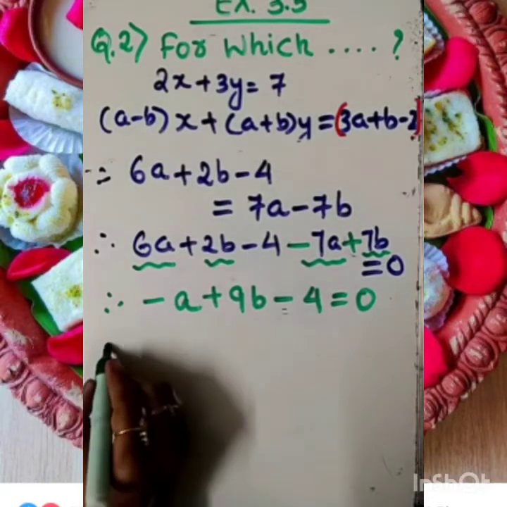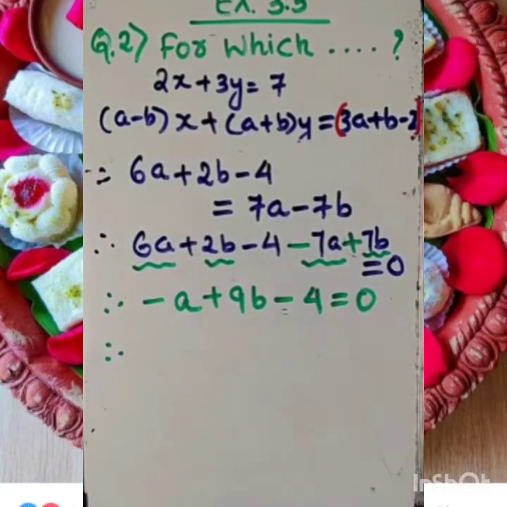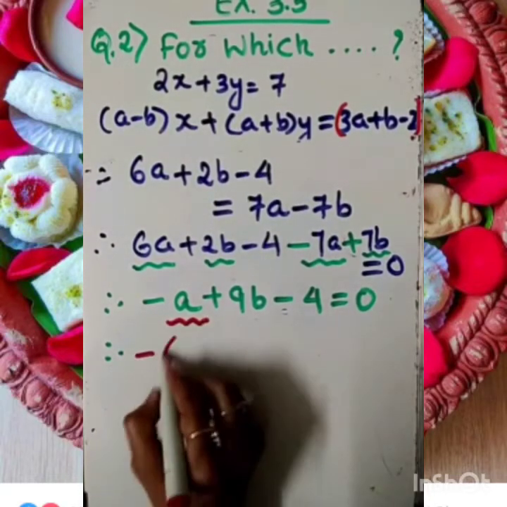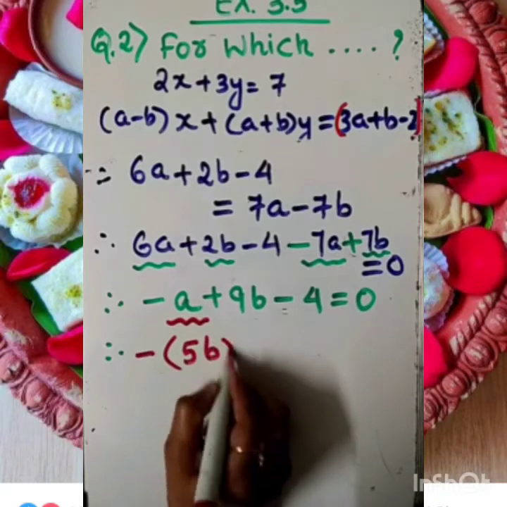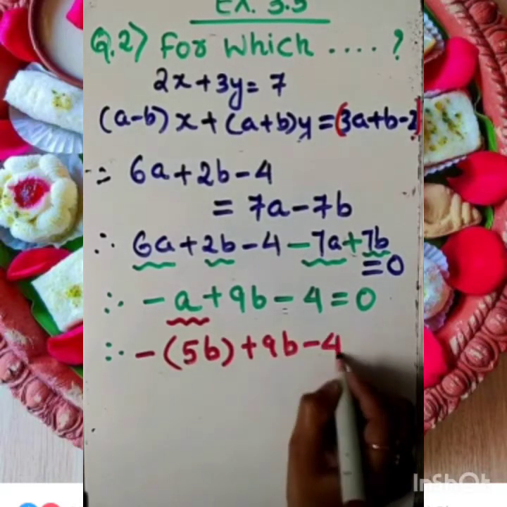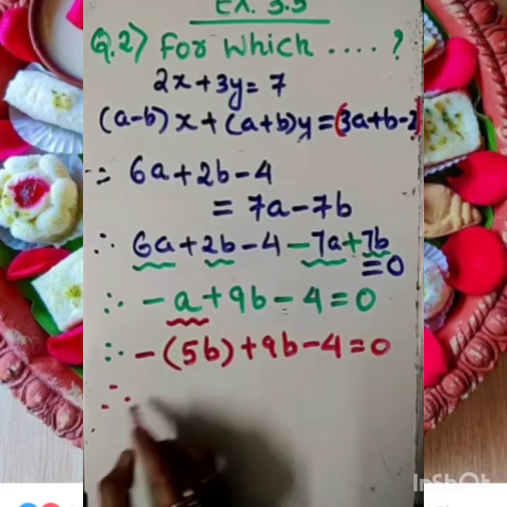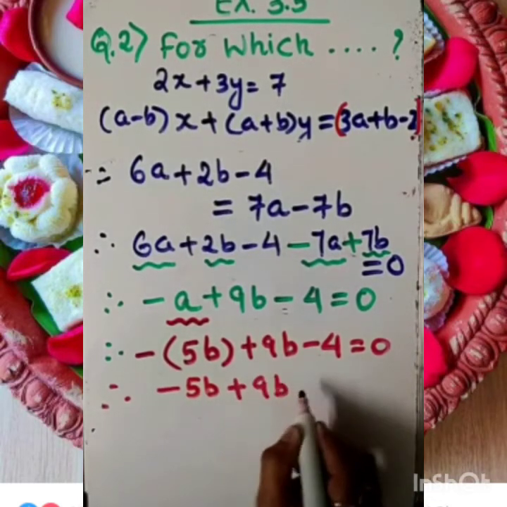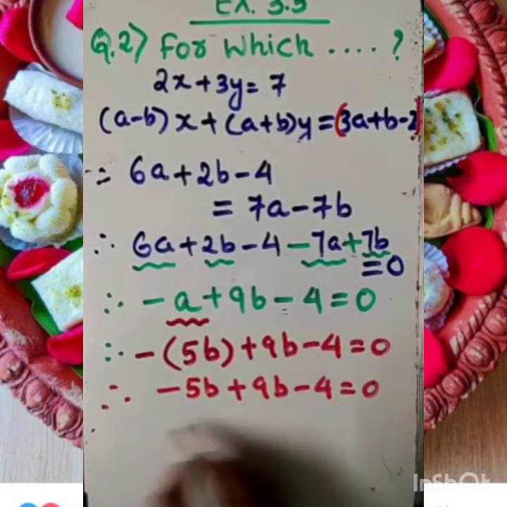Now, as we know that we got the value of a, in place of a, can we write 5b now? We already got a equal to 5b. So I am writing in place of a, 5b here. So minus 5b plus 9b minus 4 equal to 0.